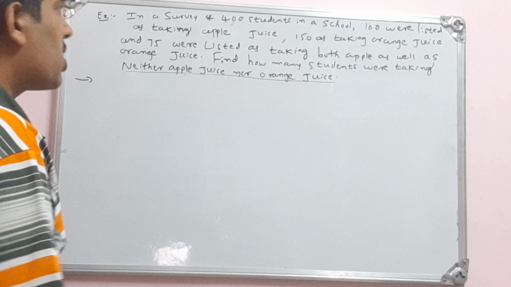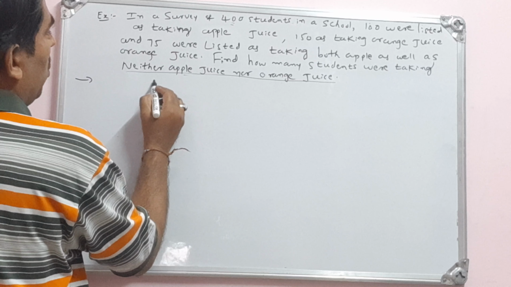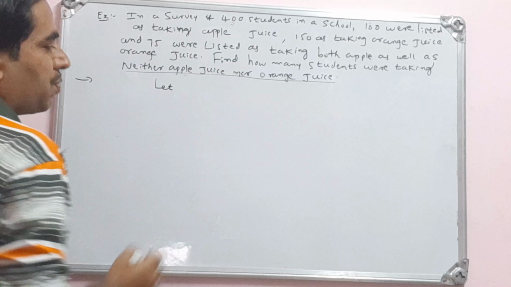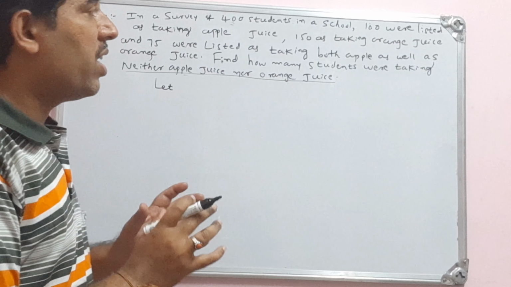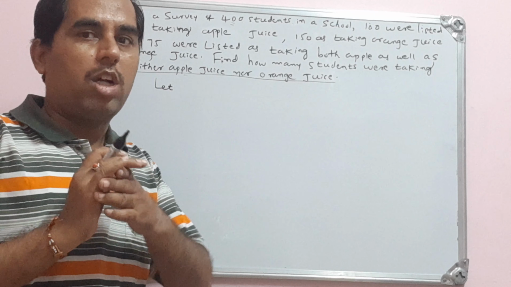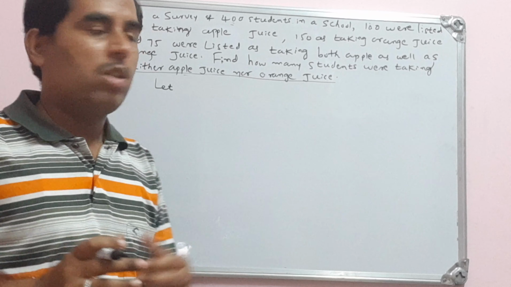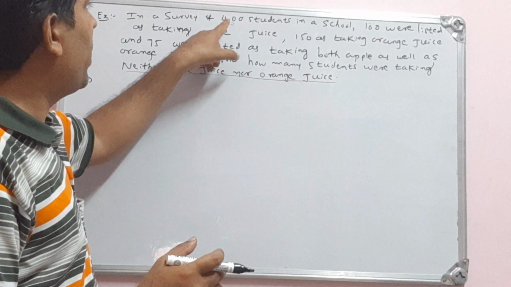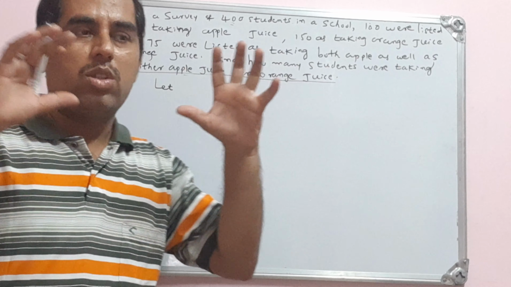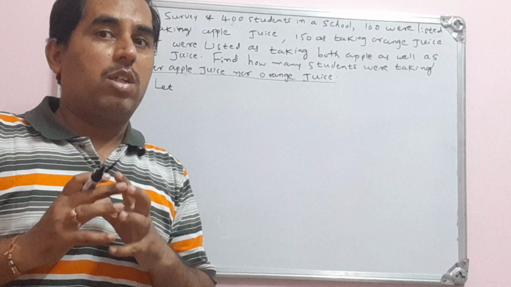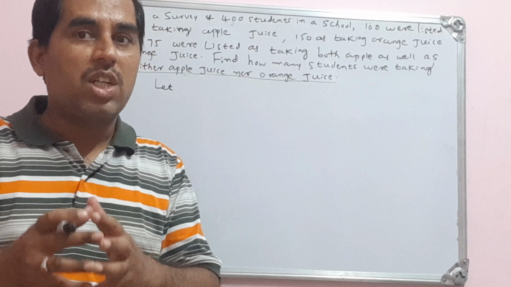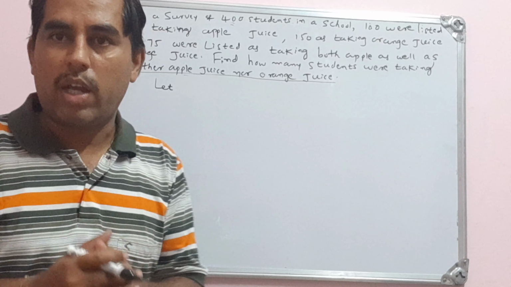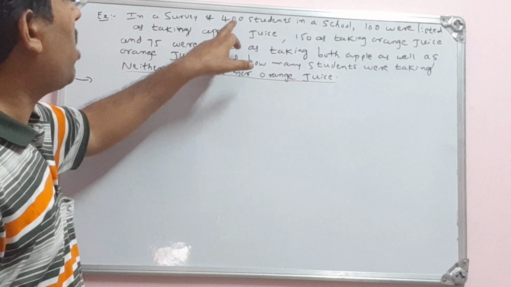So 400 students in a school means the number of students surveyed. So how many students have been surveyed here? 400. So the set which we consider for our discussion is considered as the universal set. In that universal set we have 400 students.